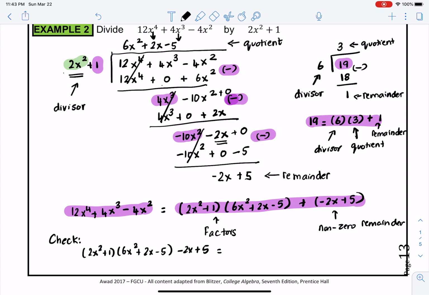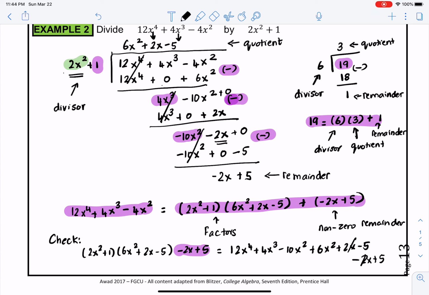So I'm going to FOIL, which would give me 12x raised to 4 plus 4x cubed minus 10x squared plus 6x squared plus 2x minus 5. And the remainder part, which is right here, we shouldn't forget that. So minus 2x plus 5.